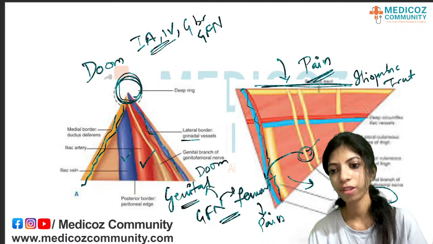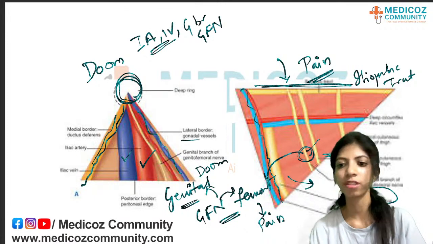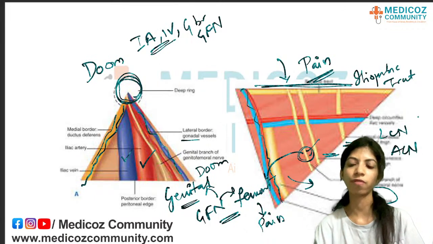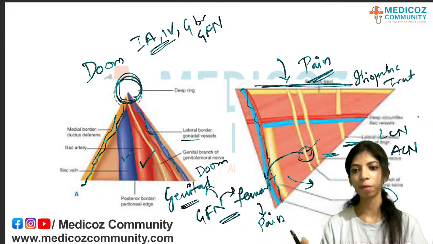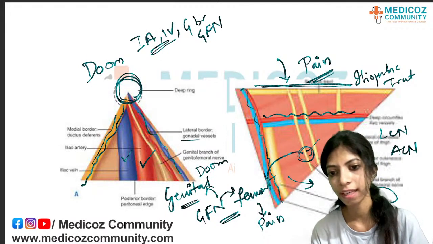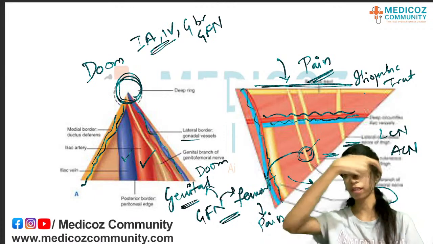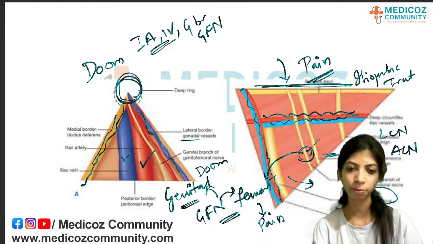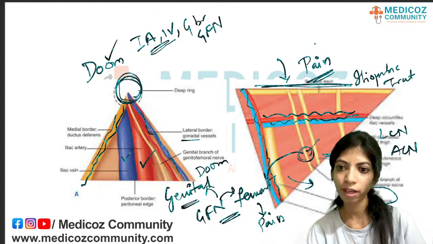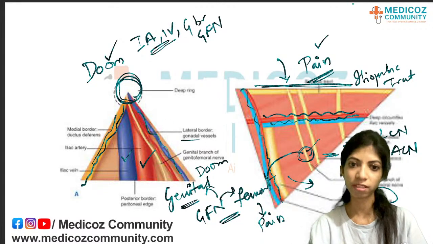These are the lateral cutaneous nerve of thigh and anterior cutaneous nerve of thigh, which supply the sensory supply to the lateral part of the thigh. Okay, there are also the deep circumflex iliac vessels, which run around the lateral part and supply your thigh part. So remember the contents of the triangle of doom and the triangle of pain and their significance as well.